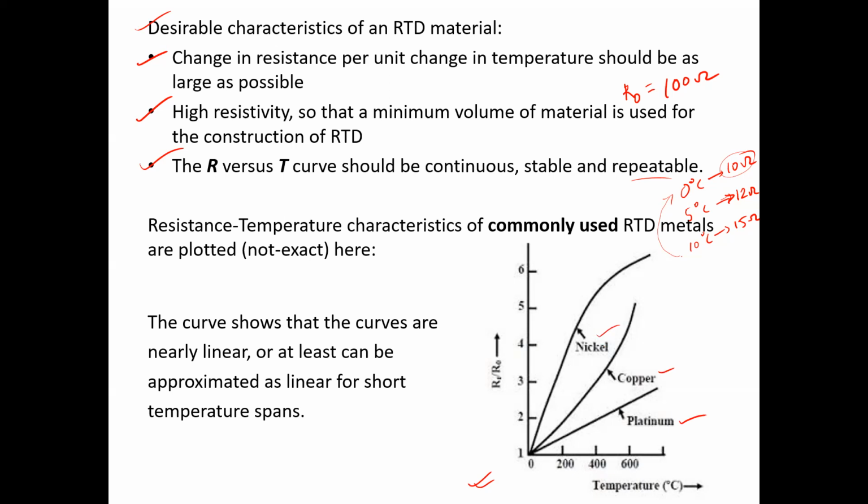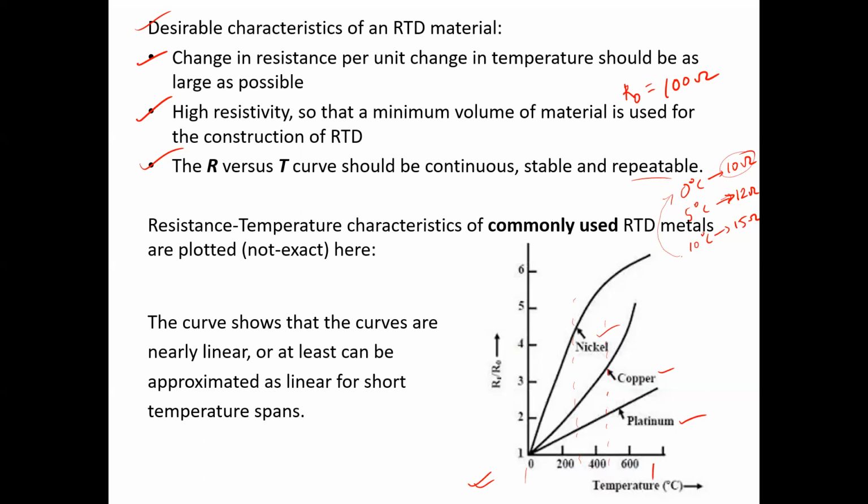So looking at this graph, you can determine one of the advantages of platinum, that is it has a linear range of operation which is higher compared to the others. So for a wide range of variation in temperature, platinum will give a linear relationship, whereas copper and nickel go into a non-linear state of operation at relatively smaller temperatures.